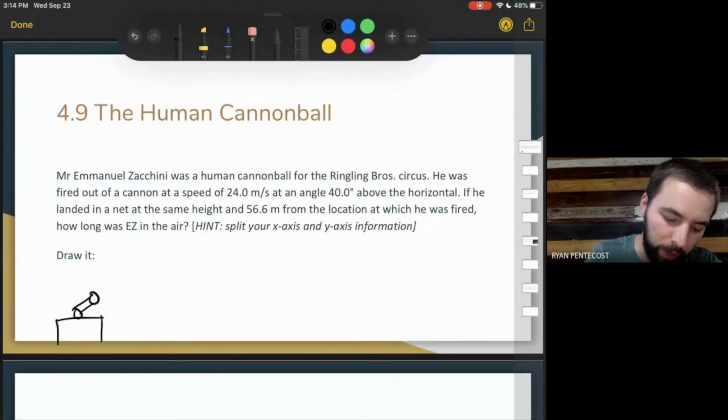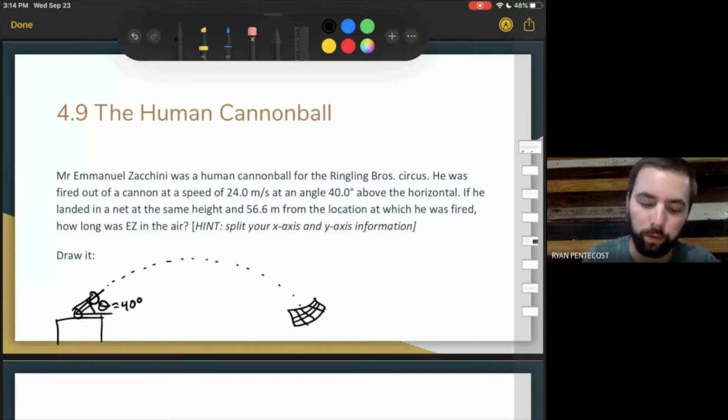So theta right there is 40 degrees. And that net is going to catch him right at the same height that he started. Okay.